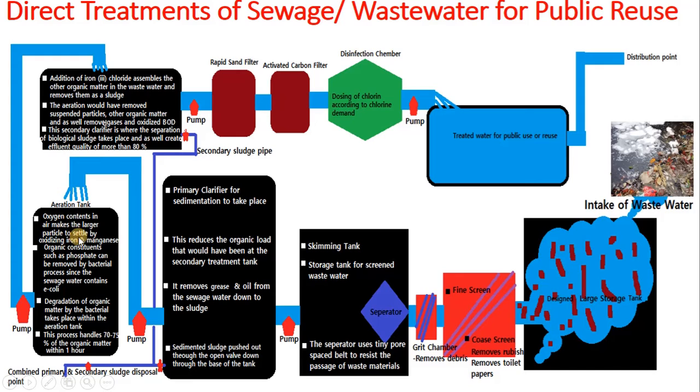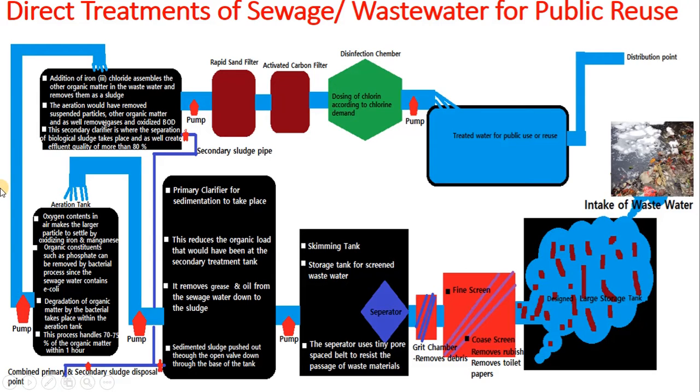Because of the oxygen content in the water here, it will create favorable conditions that enhance degradation of organic matter by the bacterial processes. With the oxidation, the process handles 70 to 75% of the organic matter within an hour.